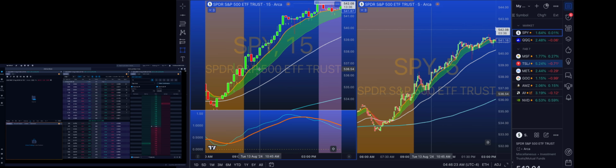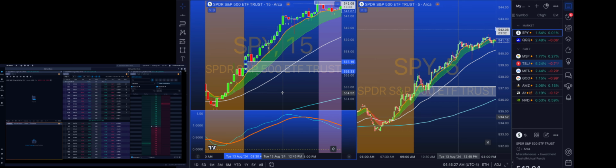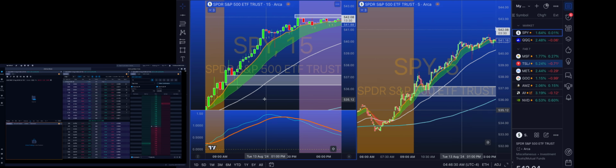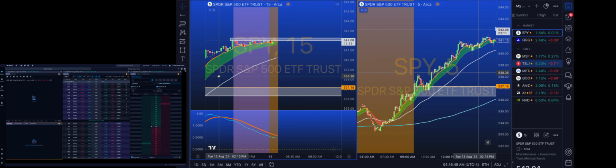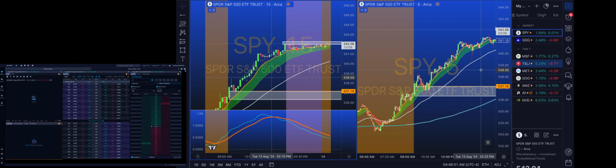The demand area I see here, though, I like this demand area here, and that's going to be starting around 537.18 on the SPY. So that's an area I'll be watching for a bounce or price trying to get back to. But going long, I really don't see any opportunity right now. Pre-market, we're pretty flat, but that's the SPY.